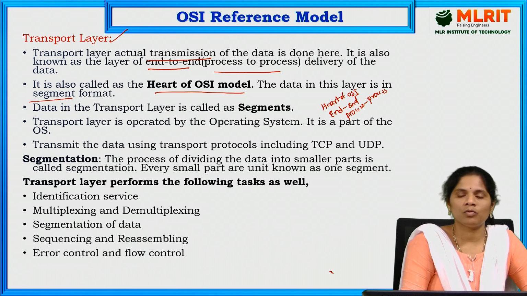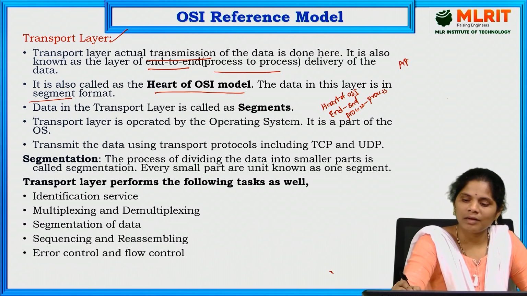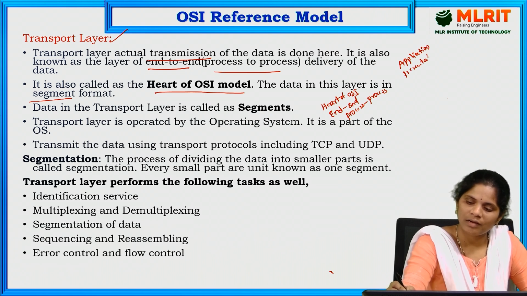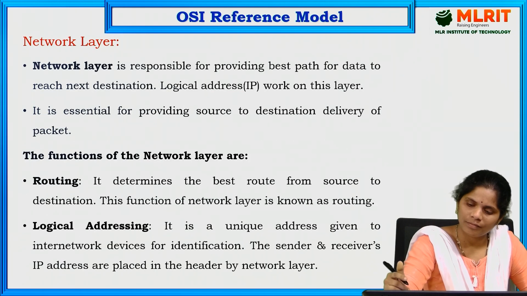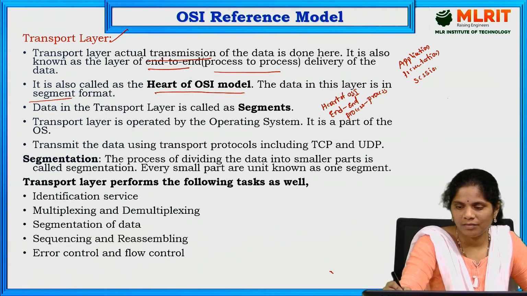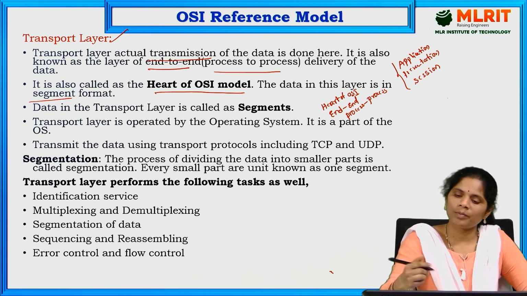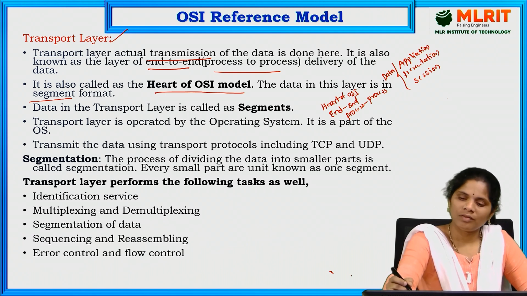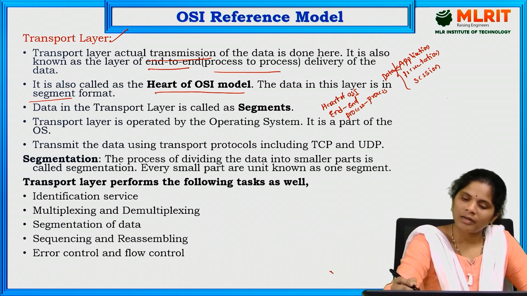So till now we discussed the application layer, presentation layer, and session layer. In these three layers, whatever data is transferred from layer to layer, the data name is data only.